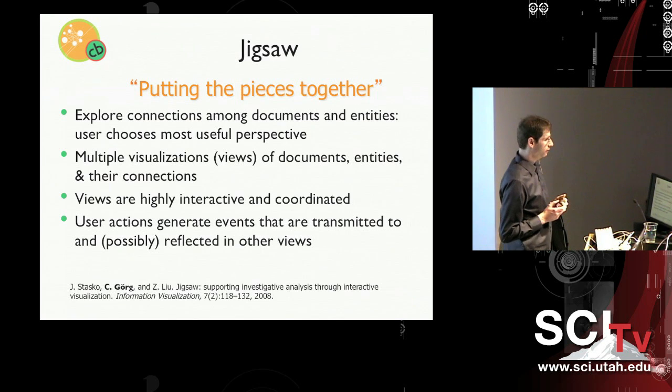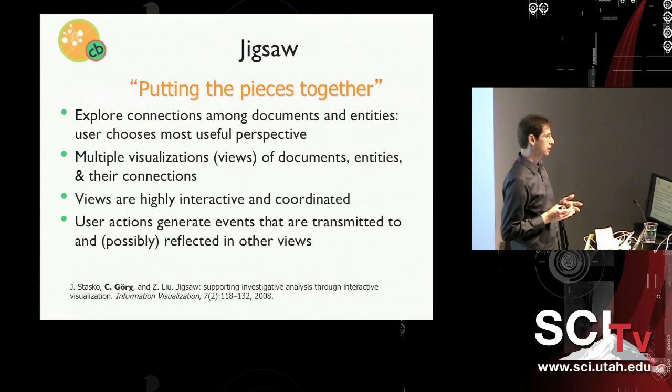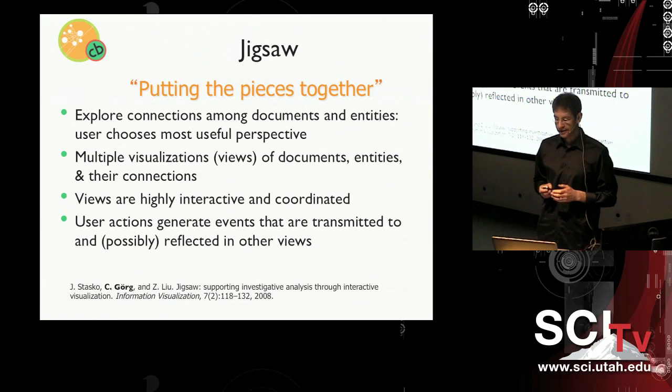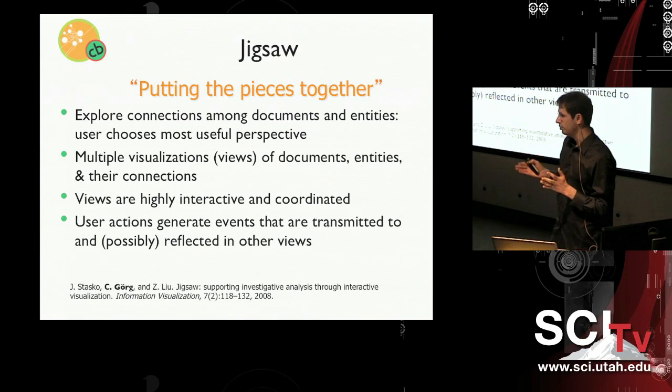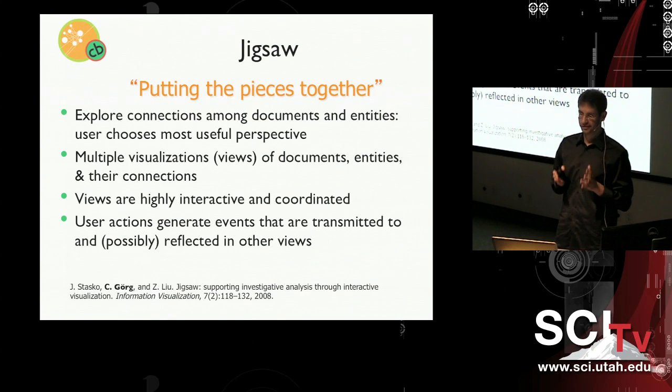And the entities are always specific for a domain. In biology, I'm really interested in proteins, genes, pathways, GO annotations, and their connections. In the intelligence domain, I'm really more interested in people, places, organizations, and so on. And the views are highly interactive and also coordinated, meaning that if I'm interacting with one view, those interactions are reflected in other views to have a consistent information display.